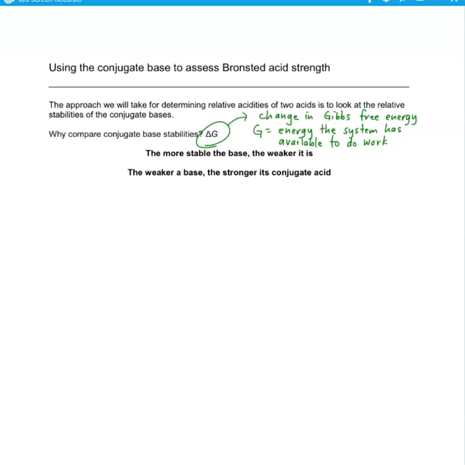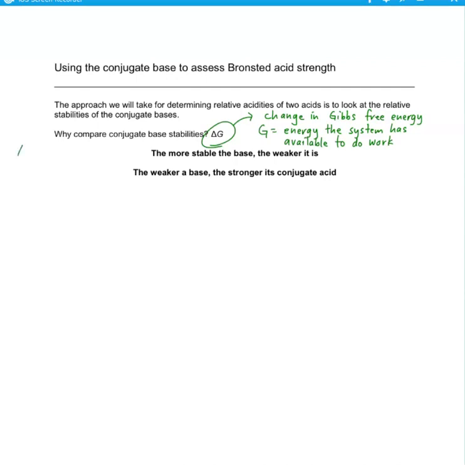Some other ideas about delta G. If the sign of delta G is negative, that refers to a spontaneous reaction.